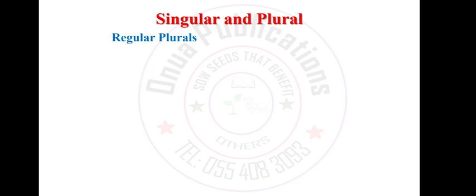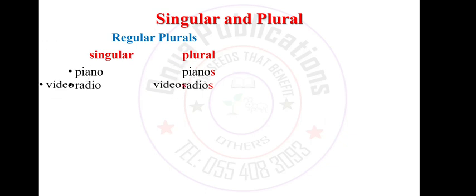Let's look at other rules, choice of words, and all that. So we have piano, pianos, radios. We have videos. For videos, you realize that the last two letters are vowels, so we put S straight away.